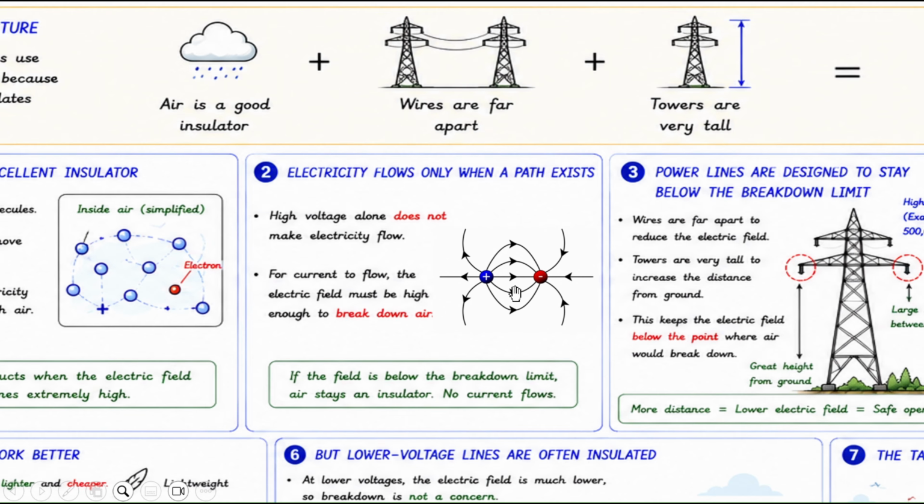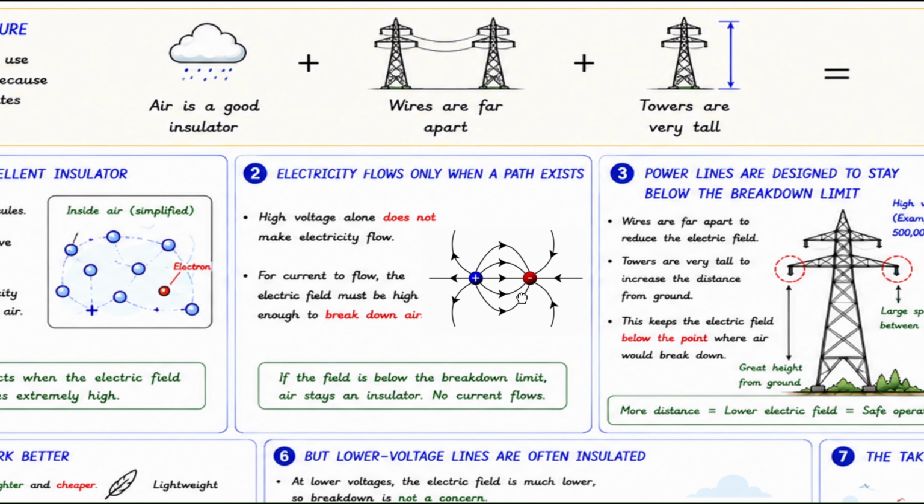The electrons will be approached by the protons, and you will have what we call an electric arc, where the current will pass through the air.